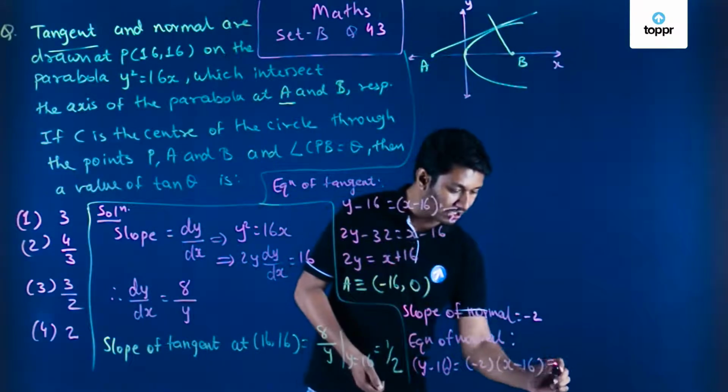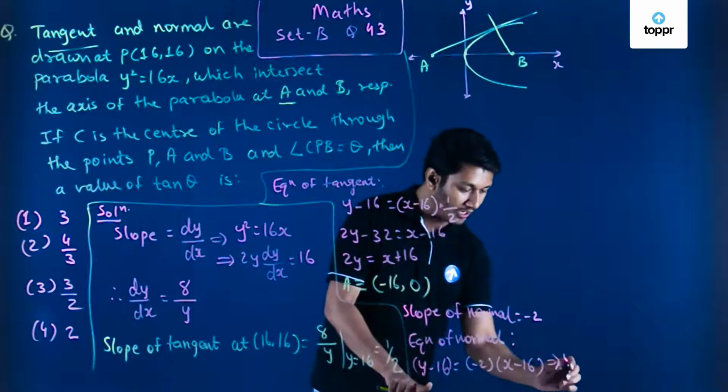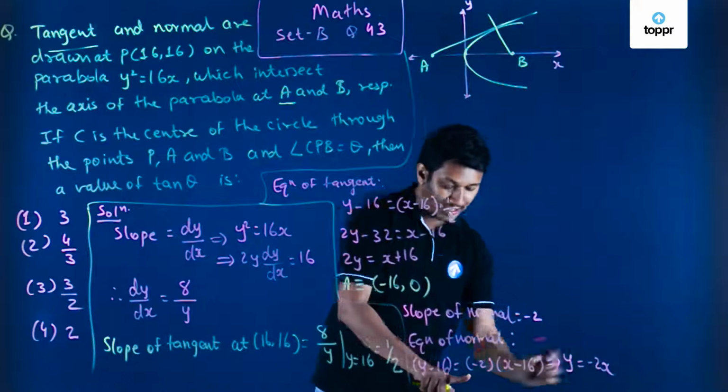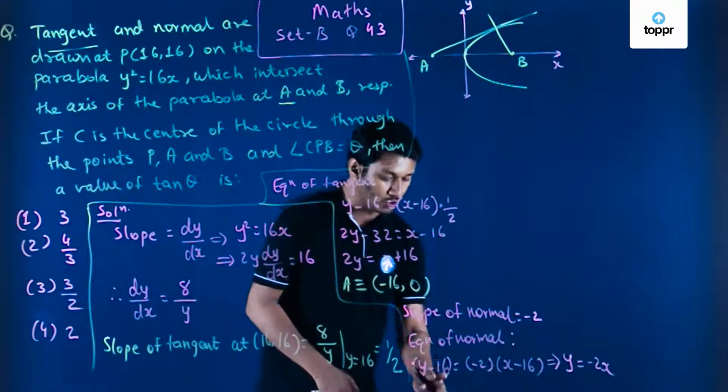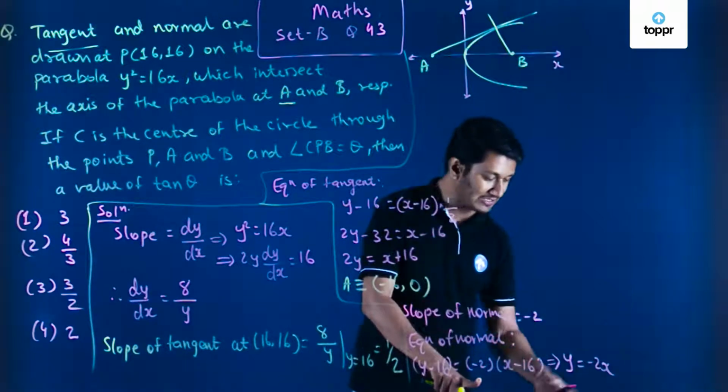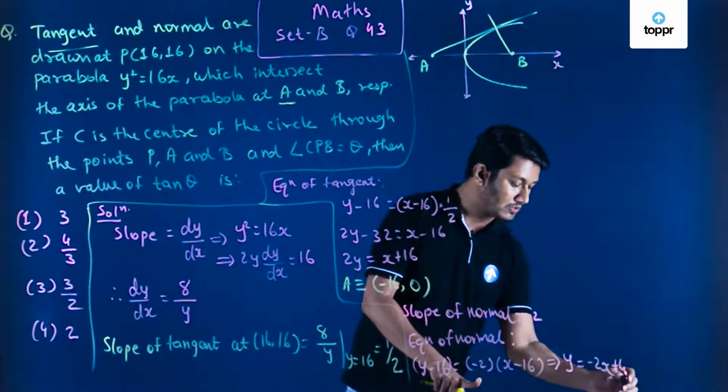Now this will further become y = minus 2x plus 32, and 16 comes on this side, so that will become 32 plus 16, which will be nothing but plus 48.